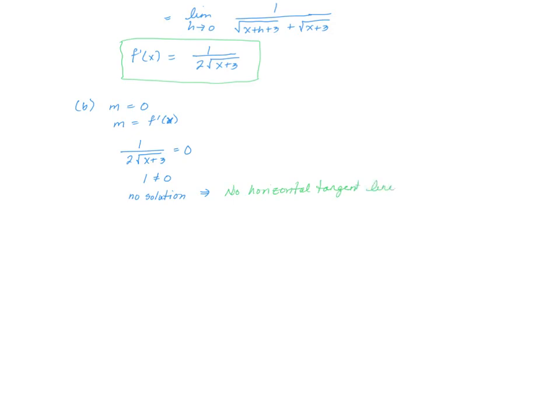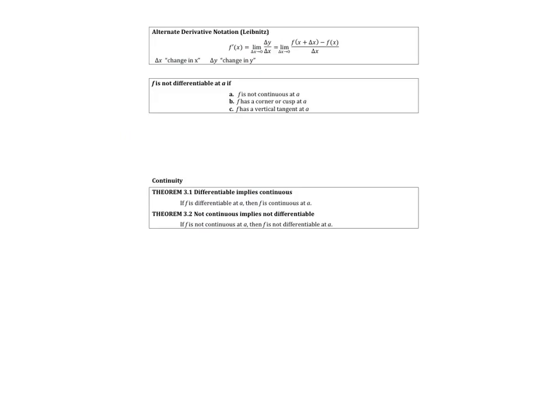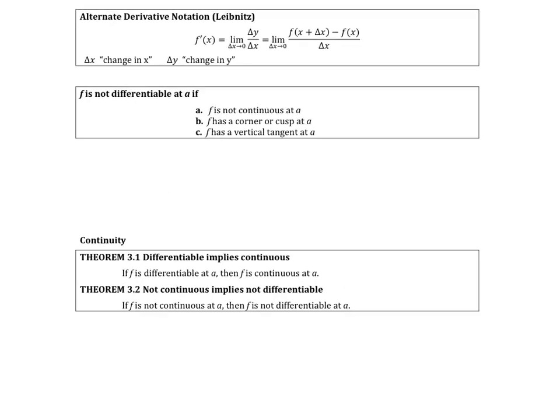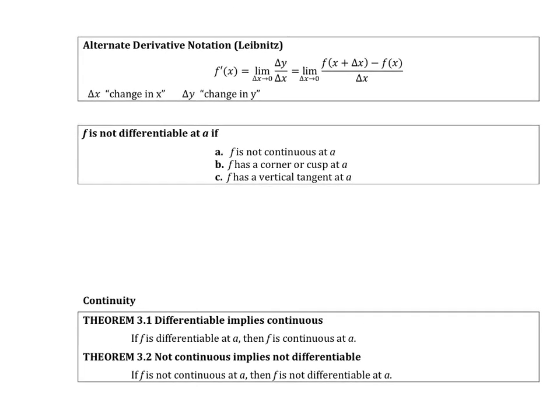So we have some alternate notation for a derivative. This is the Leibniz notation. It's not used very often. But here we're looking at replacing the h with this triangle x.